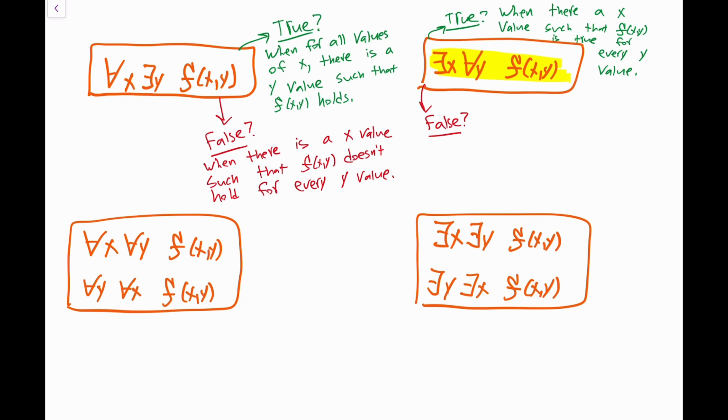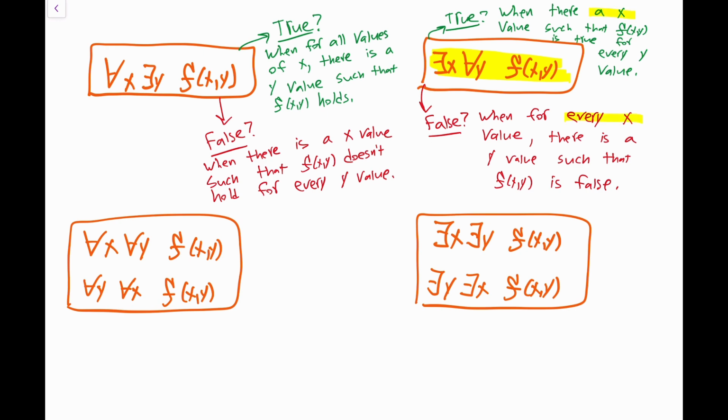But when would it be false? It would just be the contradictory of that. It would be false when for every x value there is a y value such that the function is false. Again, notice it's a direct contradictory statement. So here we have when there is an x value, but here every x value. Here we have for every y value, but here we just have a y value.